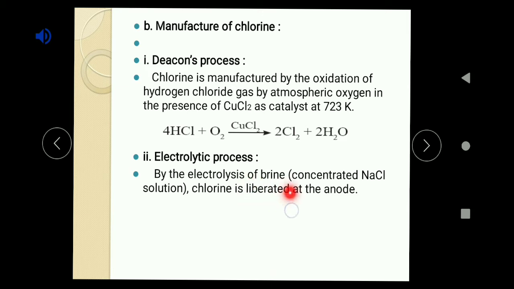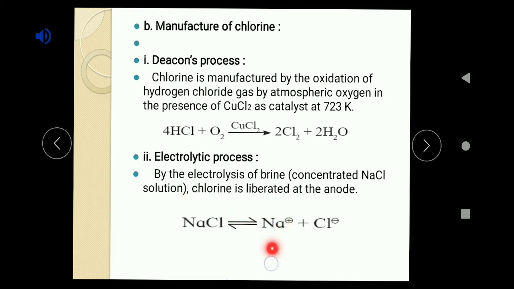We are going to bring about electrolysis of brine, and where NaCl is used, it gets separated into Na plus and Cl minus when anode and cathode are connected to the battery. That gets separated or ionized into two ions. Now, as it is a salt, it gets separated into ions.